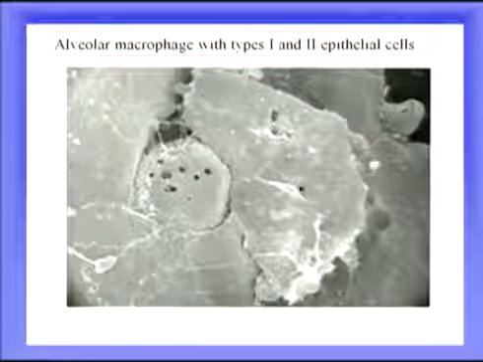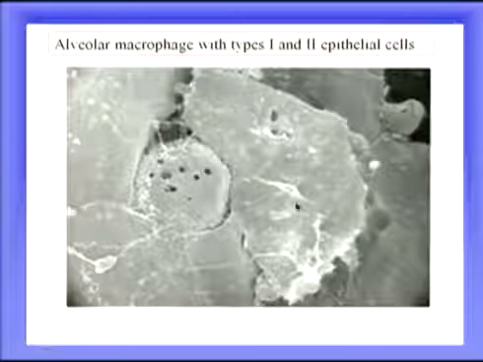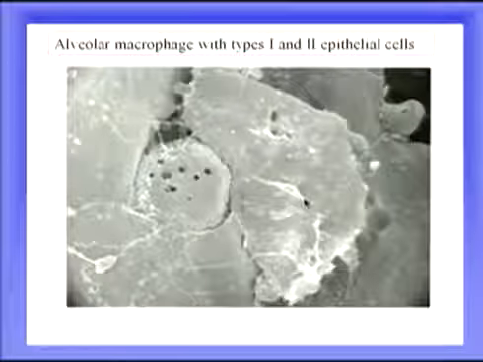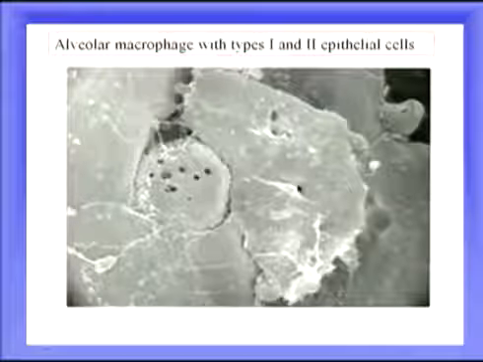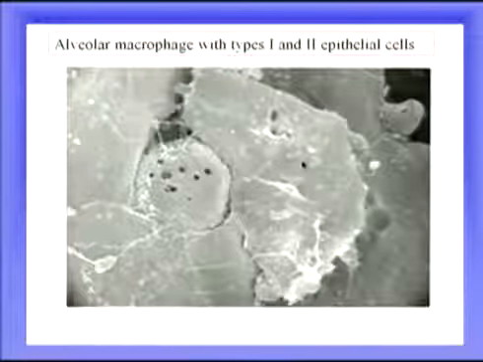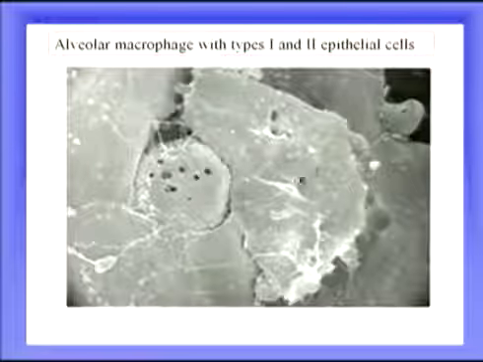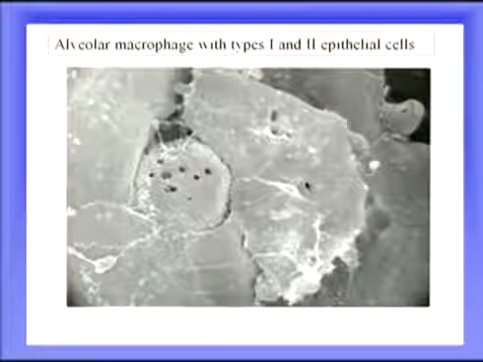And it's an extremely important cell. You know, the alveoli do not have the mucociliary escalator, which is present on the airways of the lung and is responsible for keeping the airways clean. But the alveoli do not have that. Instead, they have these alveolar macrophages that roam around and mop up any material that should not be there.